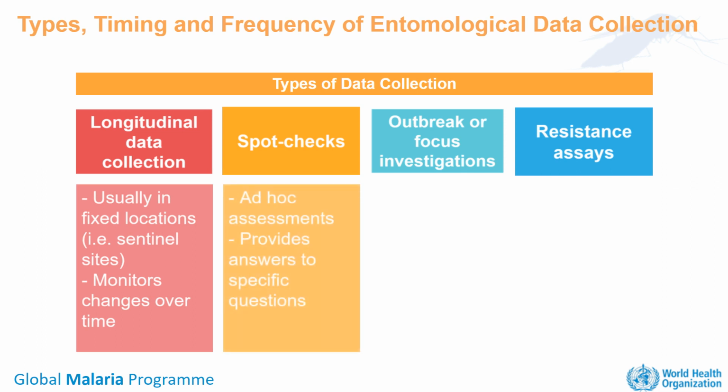Spot checks are ad hoc cross-sectional assessments carried out in selected locations at specific points in time. Their purpose is to provide answers to specific and sometimes urgent programmatic questions, such as confirming suspected problems in the quality of implementation of an intervention, expected increases in receptivity, or changes in the environment that might alter the vector distribution.